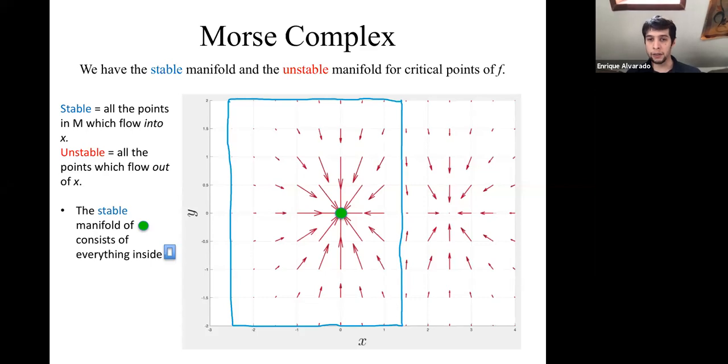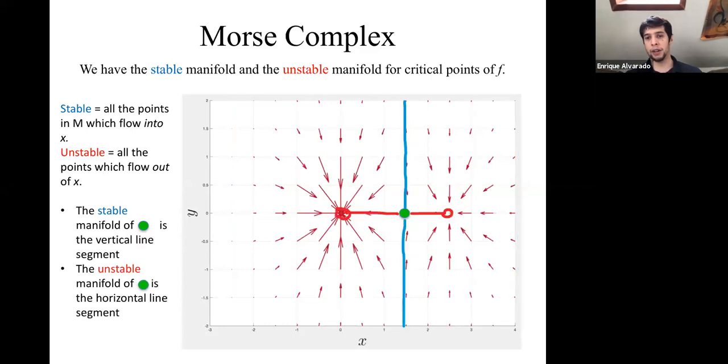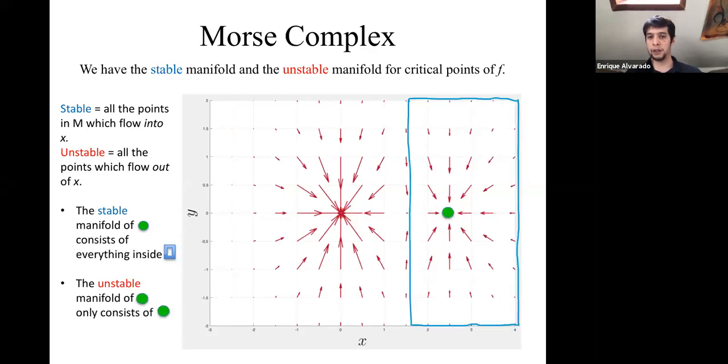Now the unstable manifold is actually just the critical point itself. Okay, so in the next slide, we do the same thing. The stable manifold is everything that's in that blue rectangular region, but the unstable one was actually the same critical point.